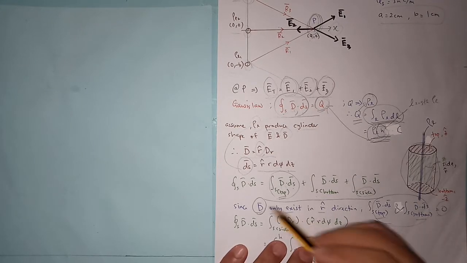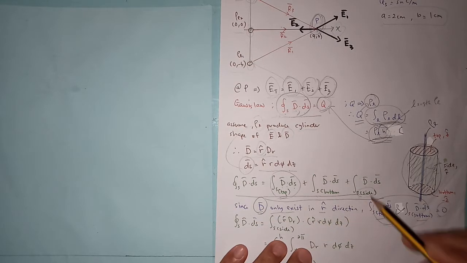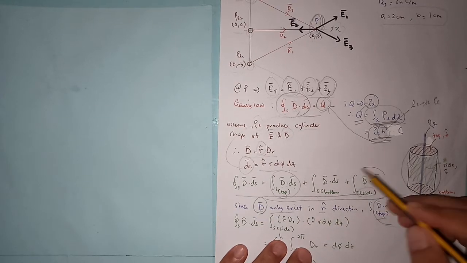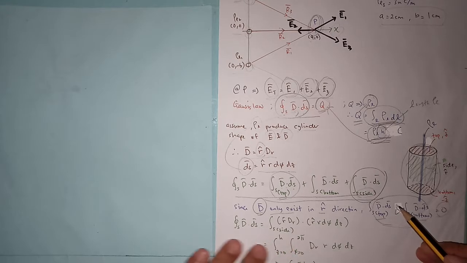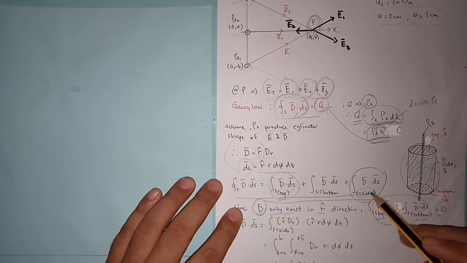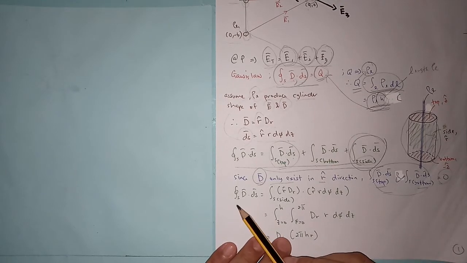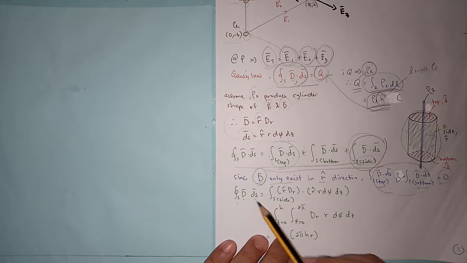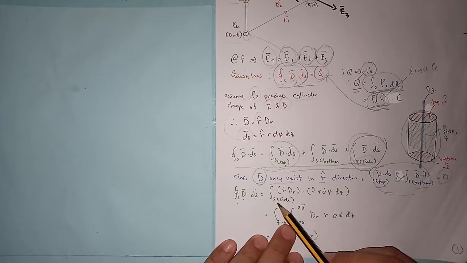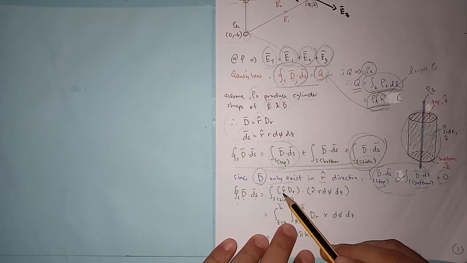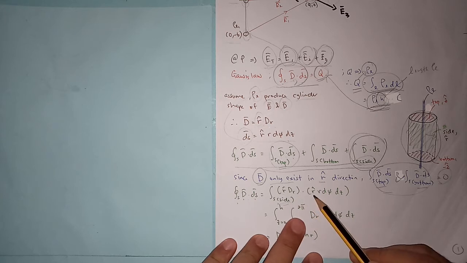That's why, in order to solve this expression, we only consider the surface integration on the side. Therefore we will have the closed surface integration of vector D dot vector dS is equal to the surface integration on the side, r cap Dr dot with r cap r dφ dz.